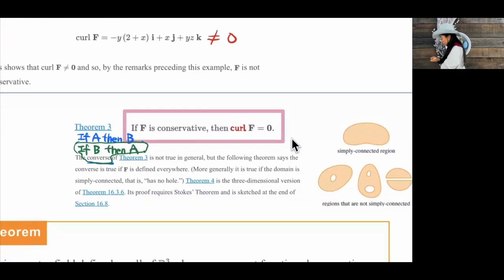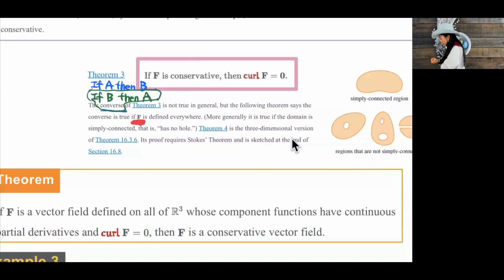Okay, so if the vector field is defined everywhere, for example, defined on all of R2 or R3, or defined on a simply connected region, something like this, then the converse is going to be true, which means if the curl equals zero, then the vector field is conservative.